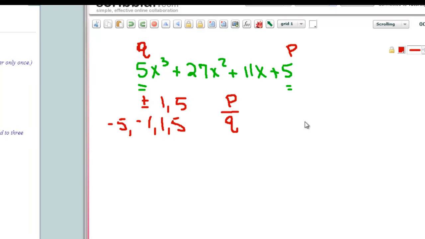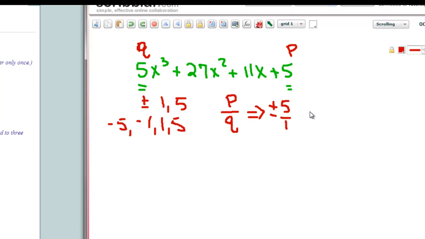The possibilities for P are 1 and 5, and the possibilities for Q are also 1 and 5. Like I said, this one ends up being a little easier. So we have plus or minus 5 over 1.